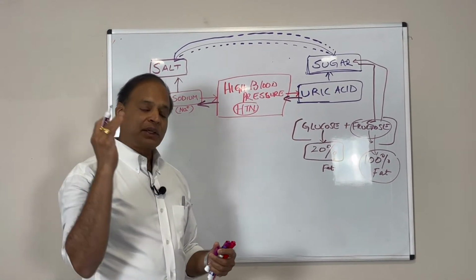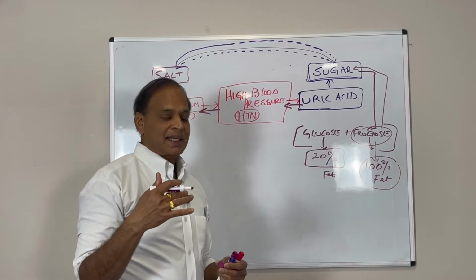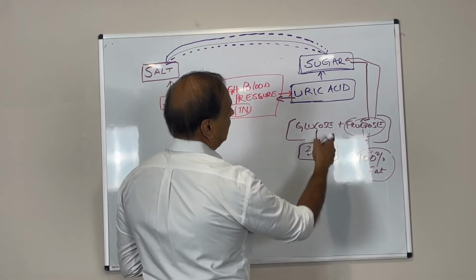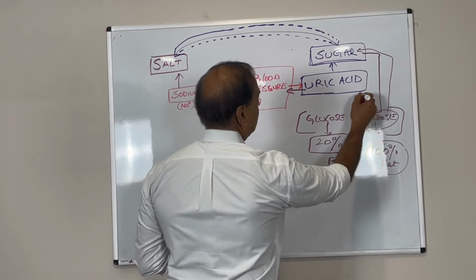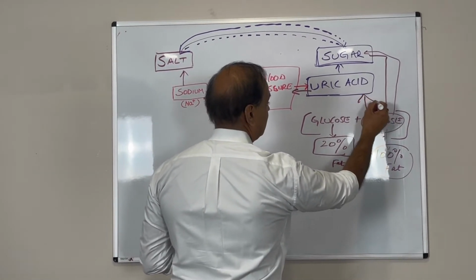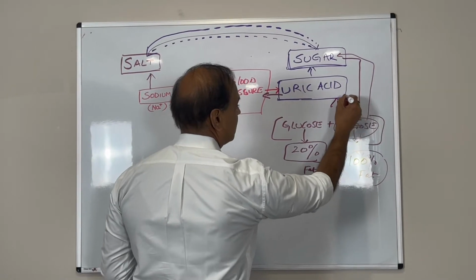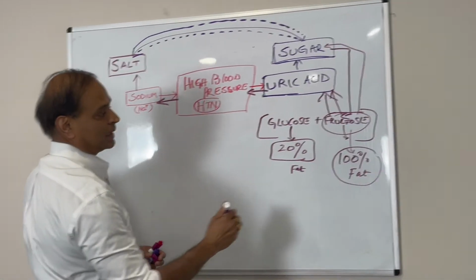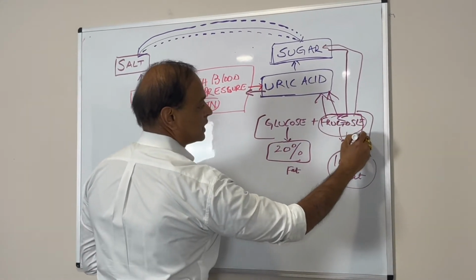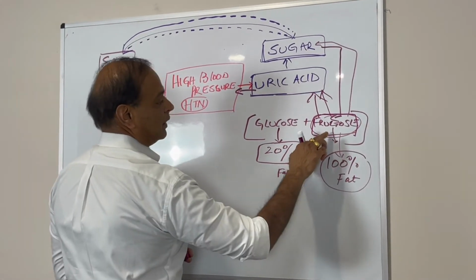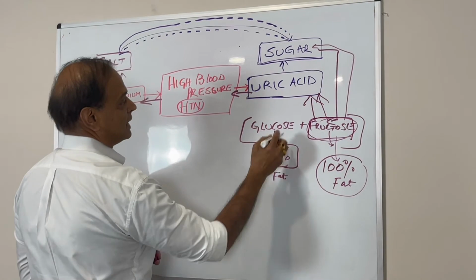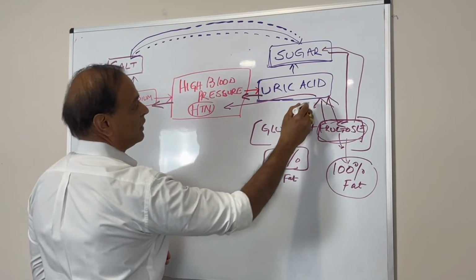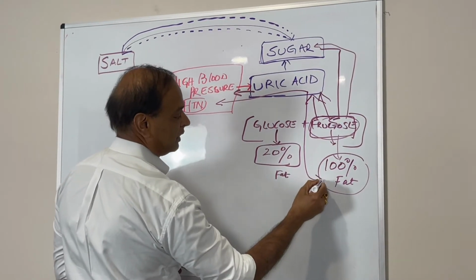If you recall, in the past few episodes, I have talked about fructose becoming uric acid. So the fructose becomes uric acid, whereas glucose does not become uric acid. So the fructose here becomes uric acid, which drives high blood pressure and which also drives making fat.